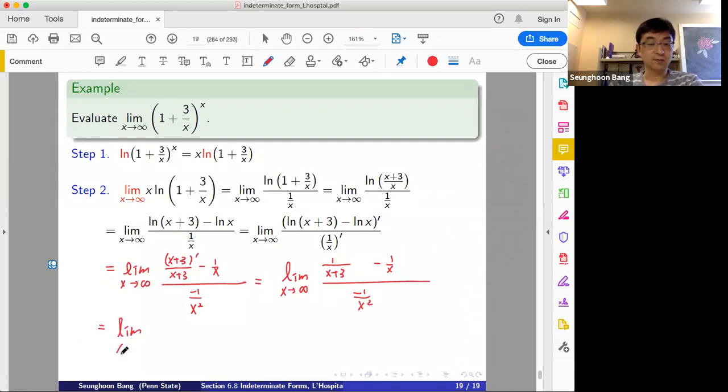The next step, simplify by using a common denominator. For x plus 3 and x, multiply top and bottom by x, and here we need x plus 3. The top is x minus x plus 3, over x times x plus 3, over negative 1 over x squared.